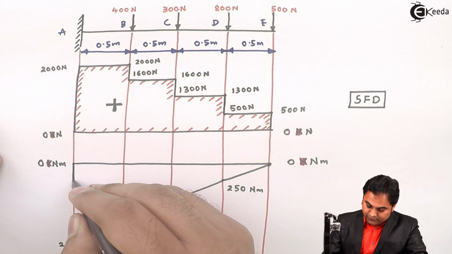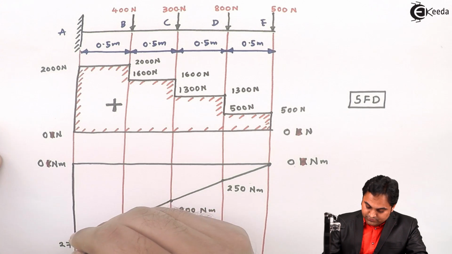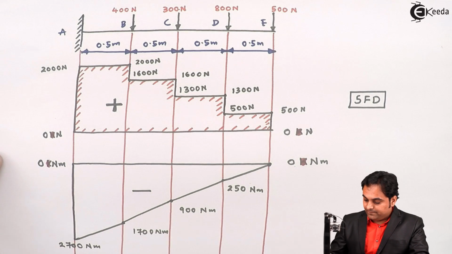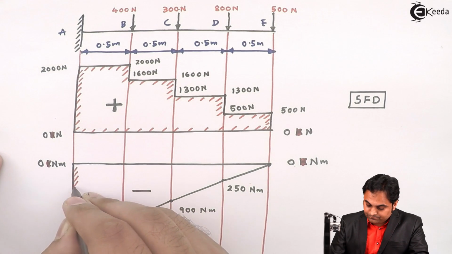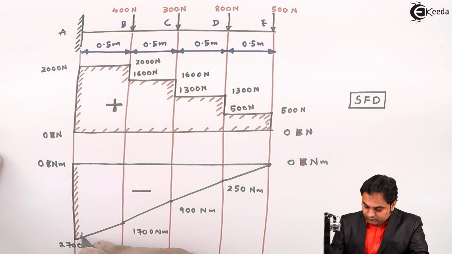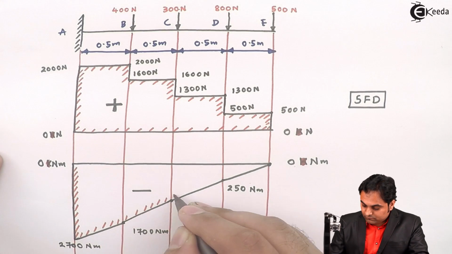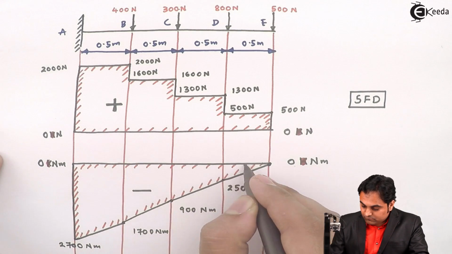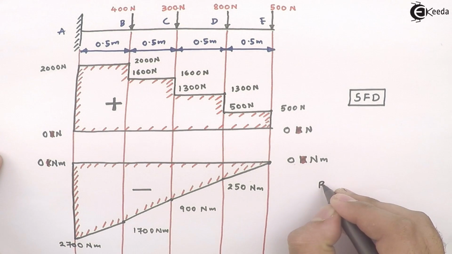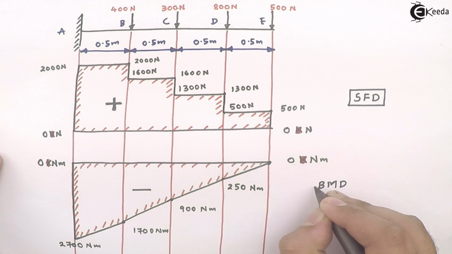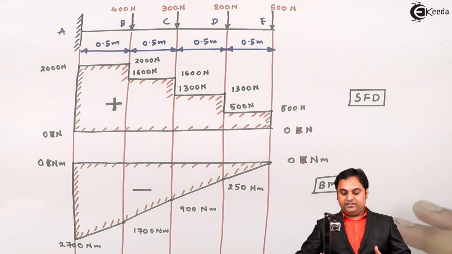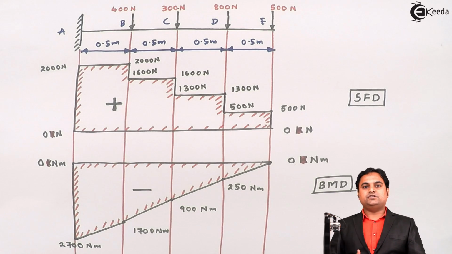And finally this value will be 0. And here we have the negative sign. So this is the BMD, that is bending moment diagram. So here we have completed the SFD and BMD, the third step was completed, and with this we complete the question.